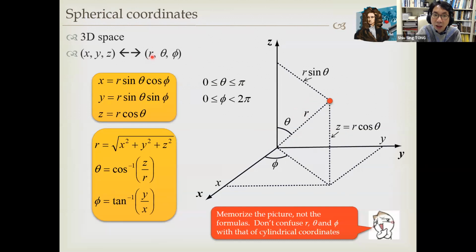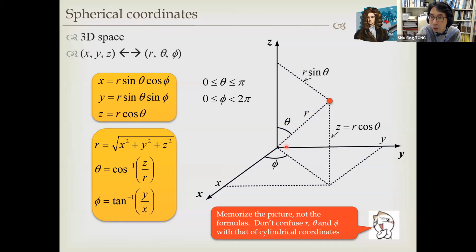Okay, so now we are at the spherical coordinate, so we have this distance r from the origin, and also we have two angles. The angle theta is the angle that the line joining the point and the origin makes with the z-axis. Okay, so this is the z-axis.